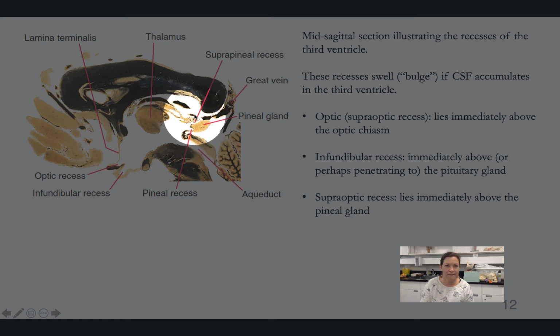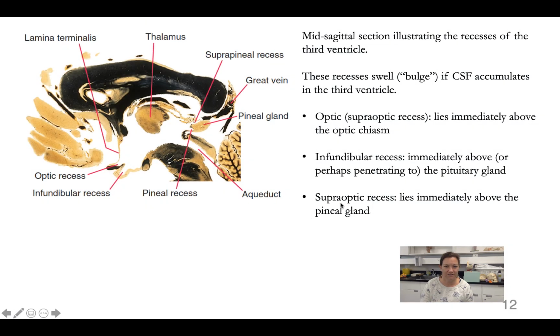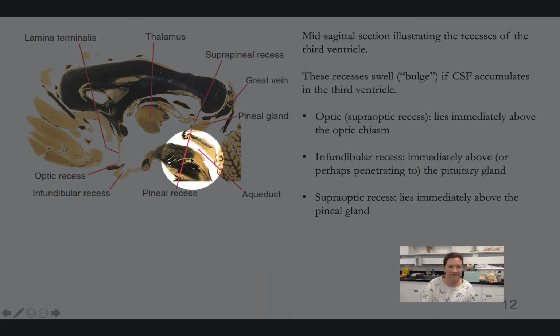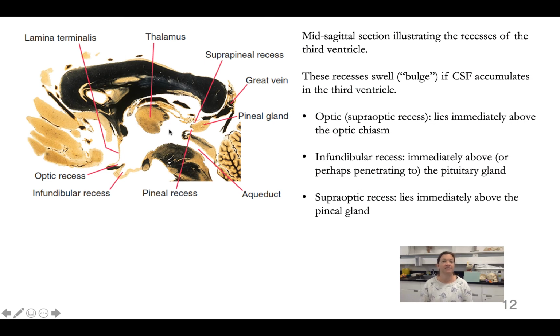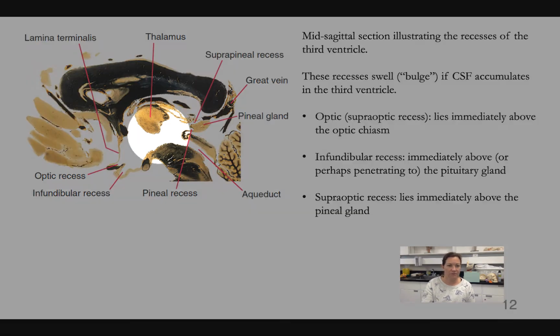So suprapineal, good. And because this section is almost right on the midline, we can see the cerebral aqueduct. So the spaces in this thin sagittal slice of the brain, the white spaces, would be filled with CSF.